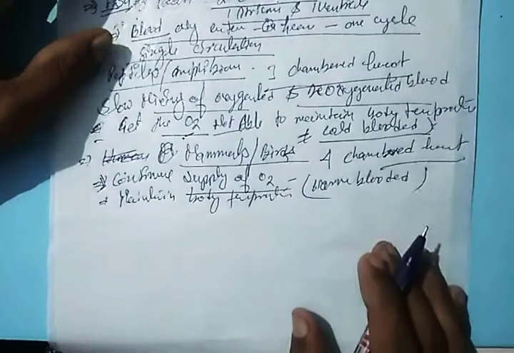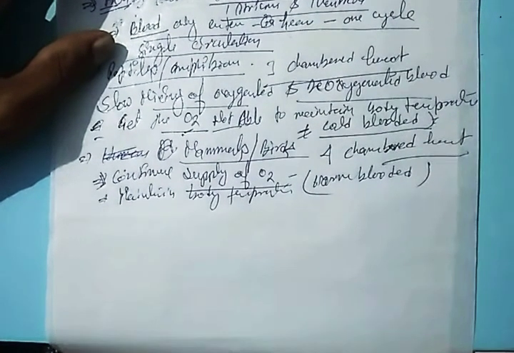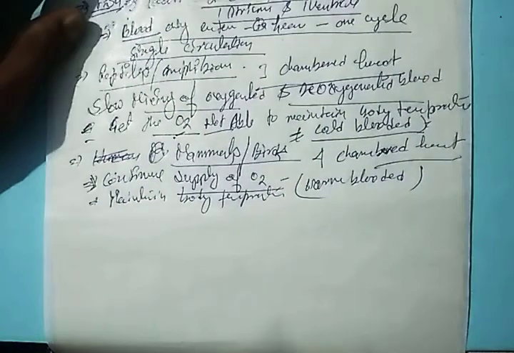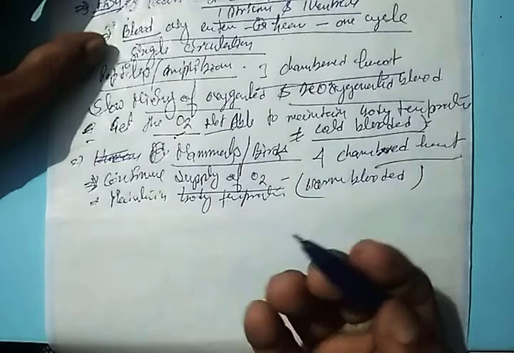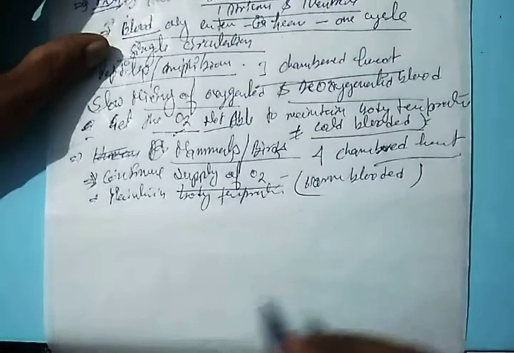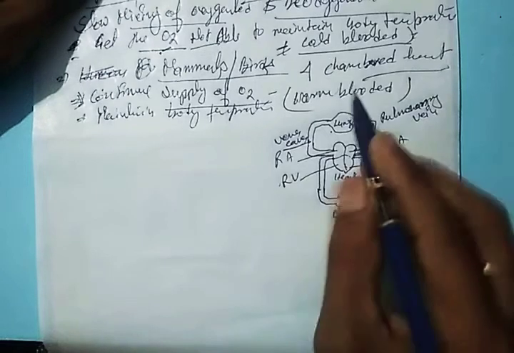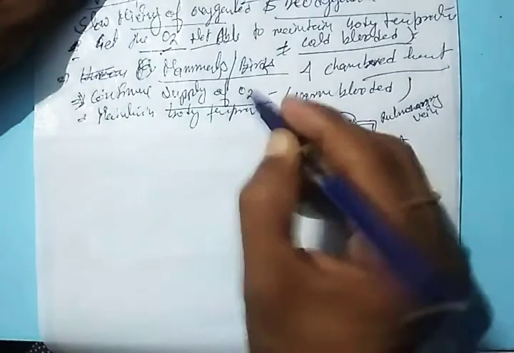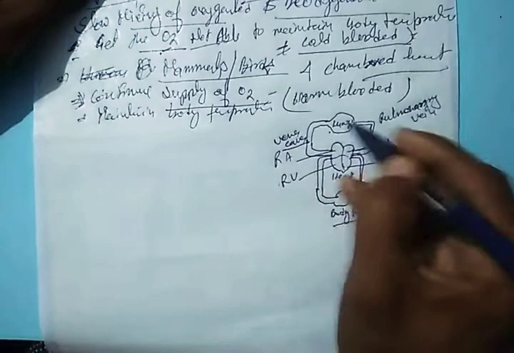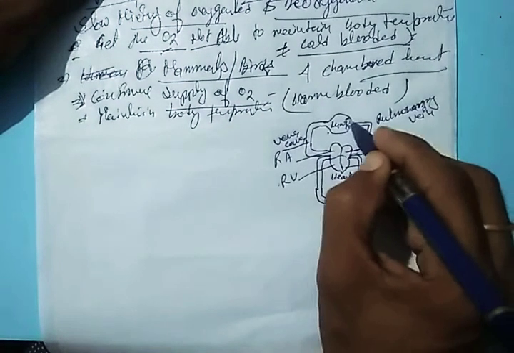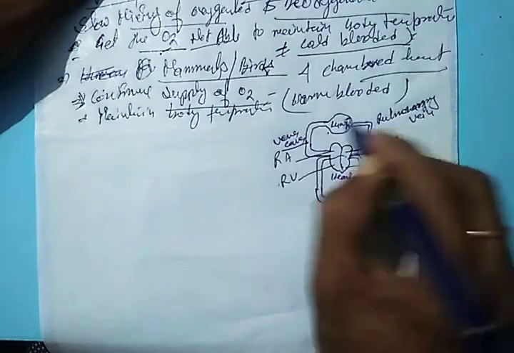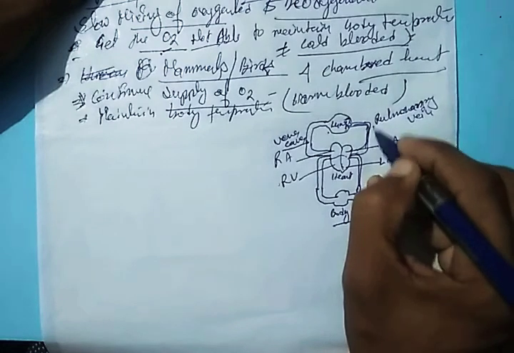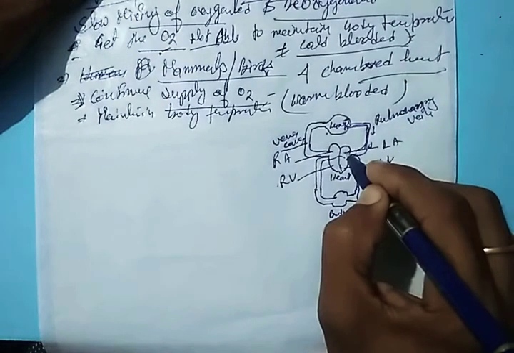I'm trying to help you understand with a schematic representation of double circulation. It is a schematic representation of blood circulation in humans and also in birds. Oxygenated blood comes from the lungs through the pulmonary veins and enters the left atrium.